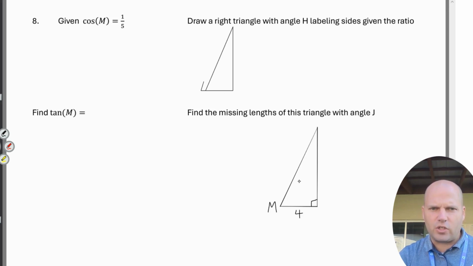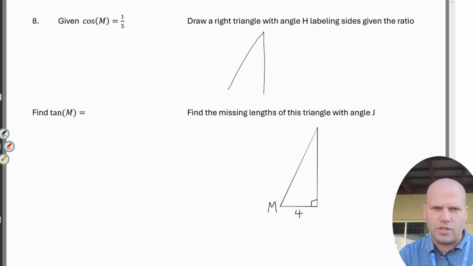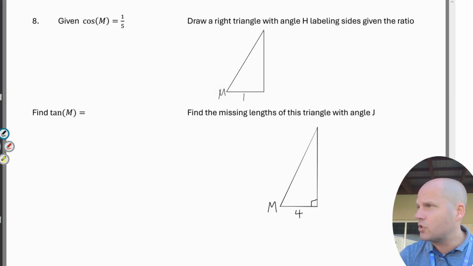I can draw this triangle this way because you can see the ratio of the adjacent over the hypotenuse is 1 to 5. So with this angle M, whatever the angle measurement will be, we will start to use angle measurements more next class, so you will need your calculator next class. Cosine of M is 1 to 5.